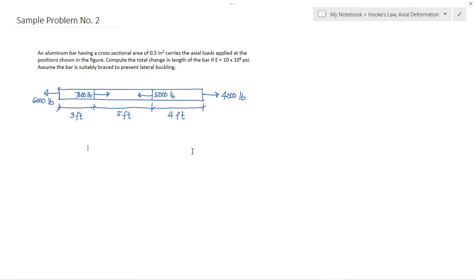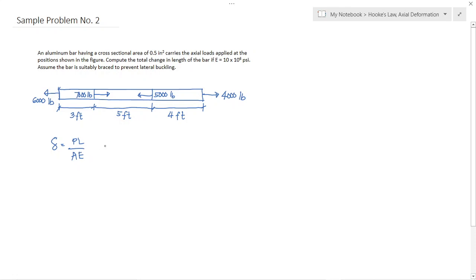Okay, in this example class, the cross-sectional area is uniform. So we have three segments, but they are all made of aluminum and the cross-sectional area is uniform throughout the length. So therefore, the formula for total deformation, which is equivalent to PL over AE, is applicable.